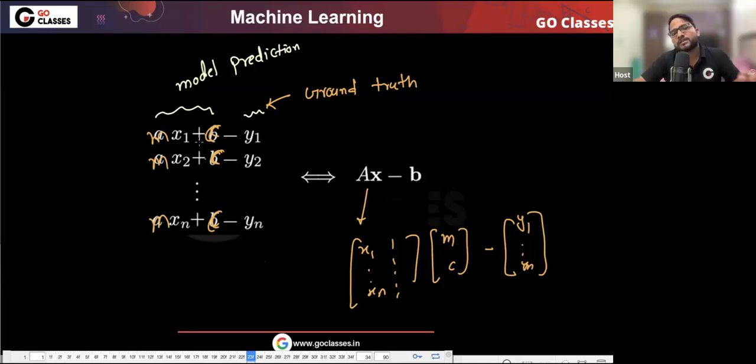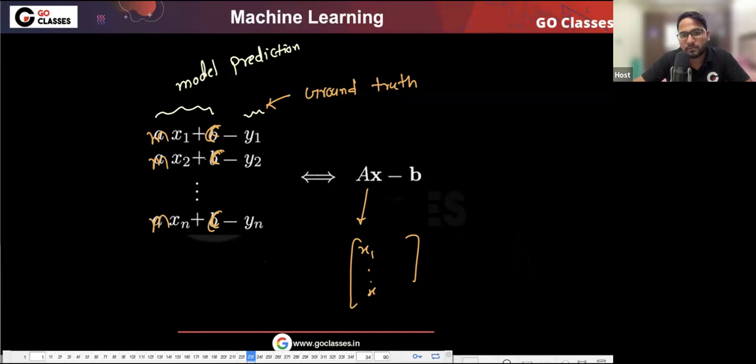Is this fine? So basically we are finding the difference between the model prediction and the ground truth. I hope this is fine. Don't worry about the notation. It will be clear later on. What is the model prediction? ax1 plus b, or like that.